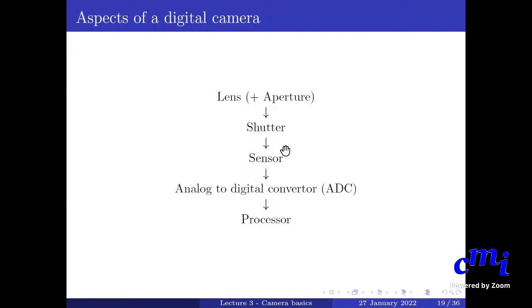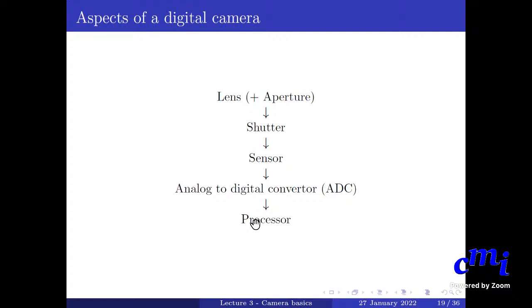Because when the light falls on the sensor, it does various kinds of processing on the photon impulses that it generates. So there is some processing that is already done here.